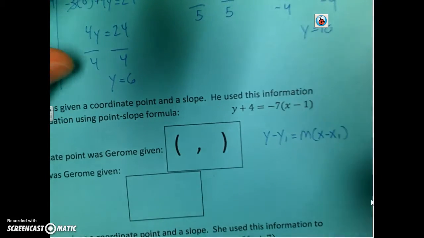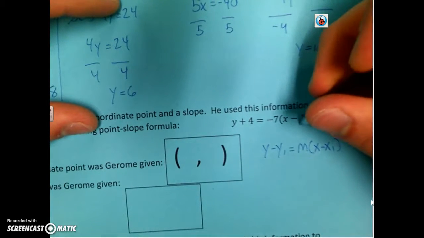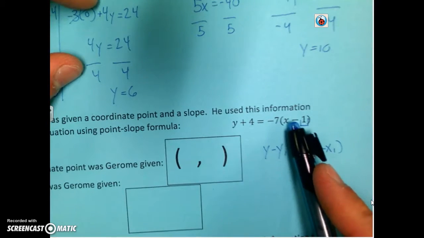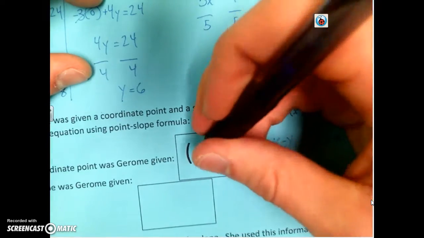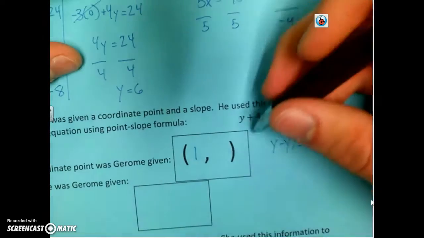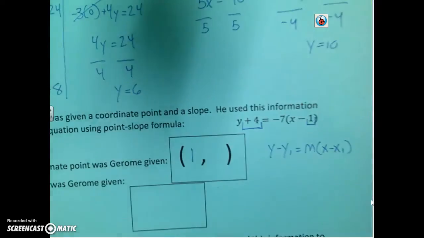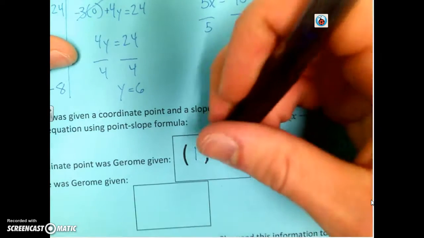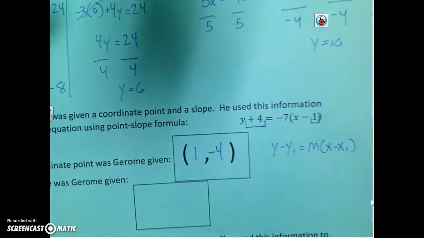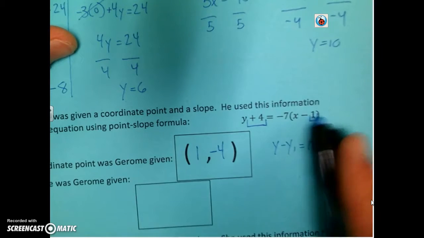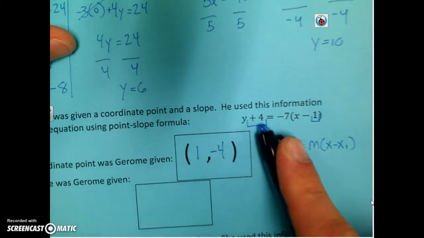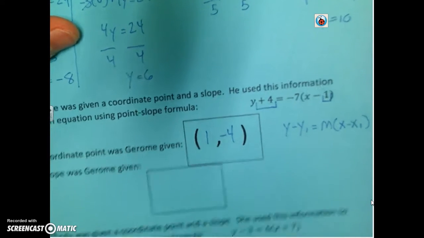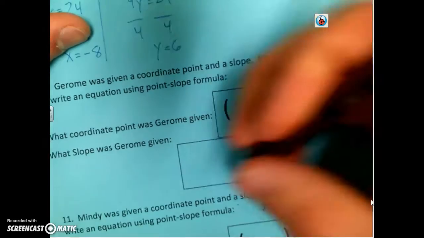So for the example, our x coordinate is just the 1, because that negative came with the formula. But I see that this y turned into a positive. If it started off negative and now it's positive, that means we have to bring in a negative 4. You can also think about it as the opposite. What's the opposite of negative 1? Positive 1. The opposite of a positive 4? Negative 4. And the slope is just our value.